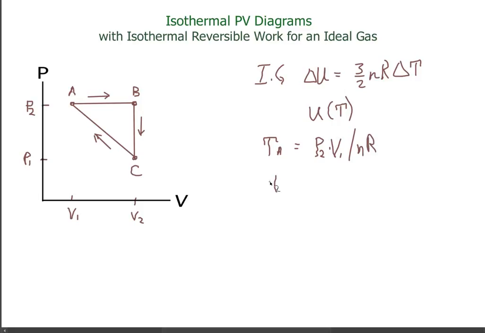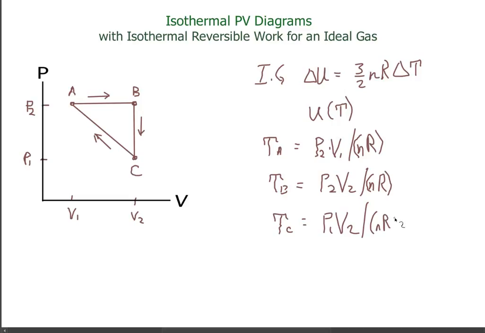And then the temperature of B is going to be pressure 2 times volume 2 divided by NR. Let's just make this algebraically correct while we're at it. And temperature of C will be pressure 1 volume 2 divided by NR.